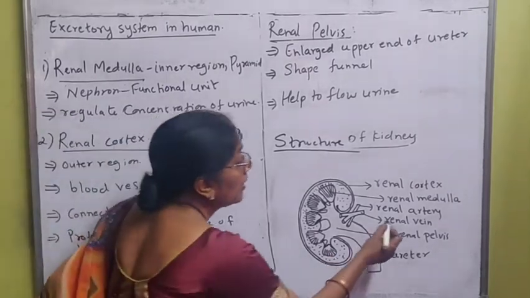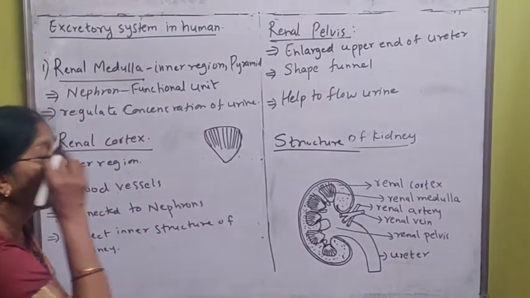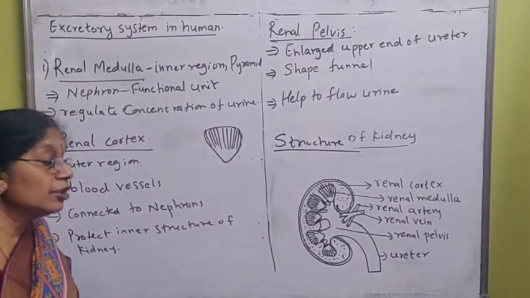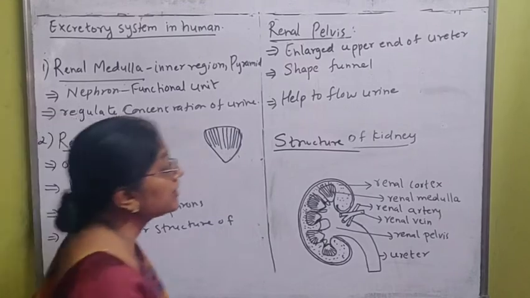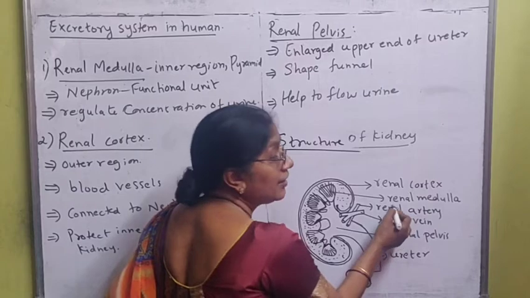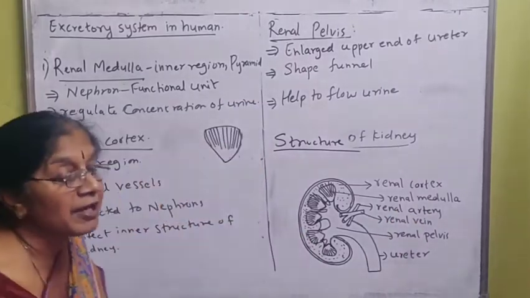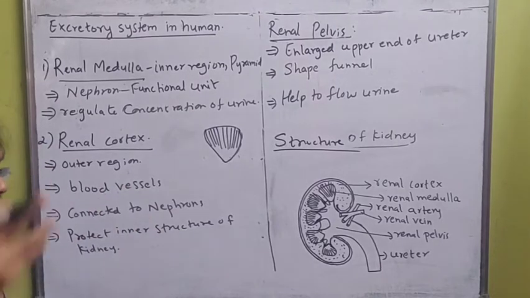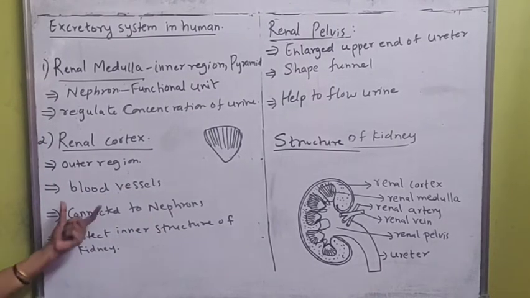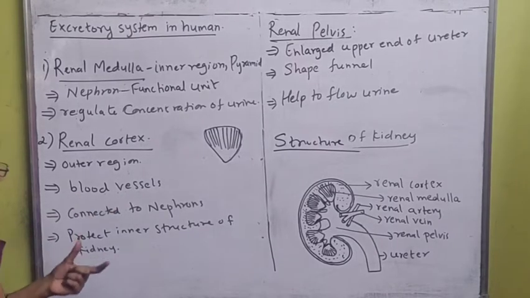I have written here renal artery and renal vein. These are there because the kidney also should get blood. The renal artery carries oxygenated blood. The renal vein carries deoxygenated blood. So the blood vessels which enter the kidney are found in the renal cortex.